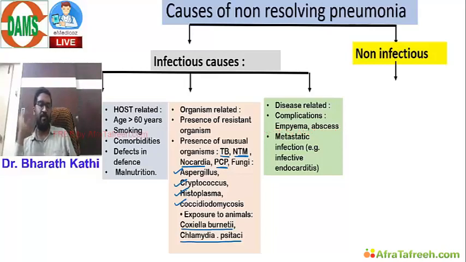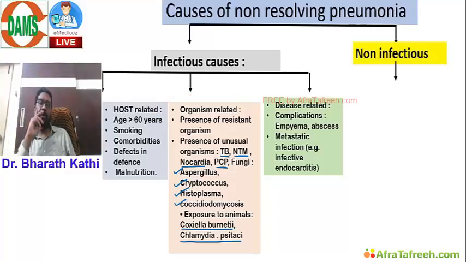If you treat that infective endocarditis properly, this metastasis will not happen. So infectious causes of non-resolving pneumonia might be host related, organism related, or disease related. Disease related means the disease might have got complicated, or it might be a complication from elsewhere, for example infective endocarditis.